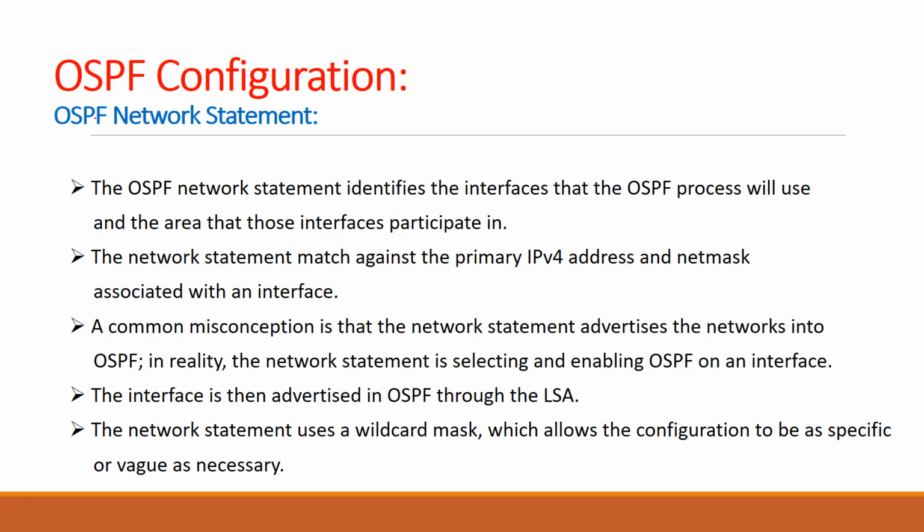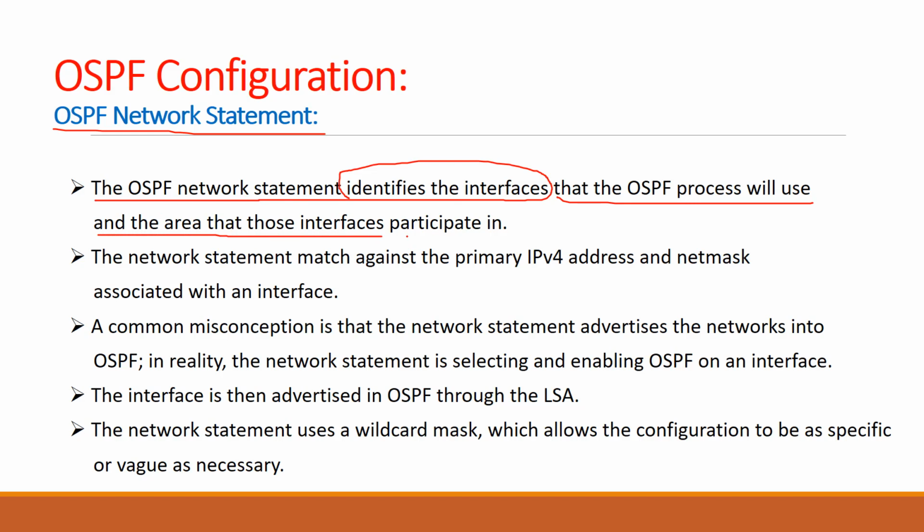Let's start with the OSPF network statement. The OSPF network statement identifies the interfaces that the OSPF process will use and the area that those interfaces participate in. So you have to enable OSPF on an interface and assign the area ID for that interface.